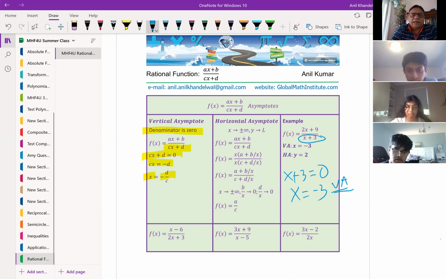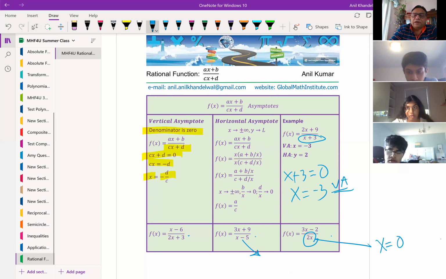Simple as that. For any of these functions, you can ask what the vertical asymptote is. Vishruta, can you tell me what is the vertical asymptote for f of x equals 3x minus 2 over 2x? When is the denominator 0? When x is 0. Yes, Hamza.